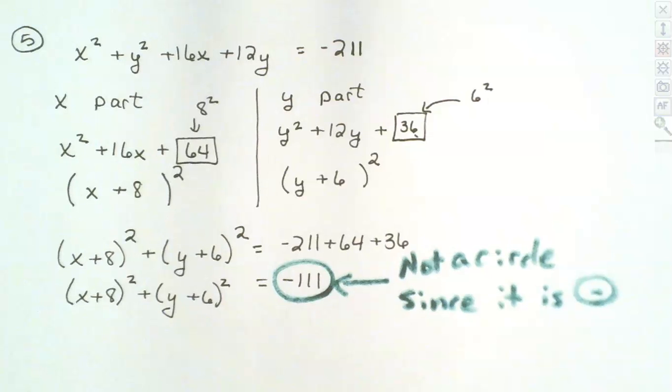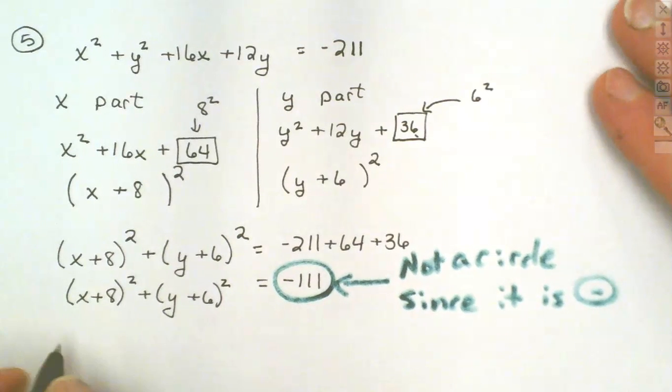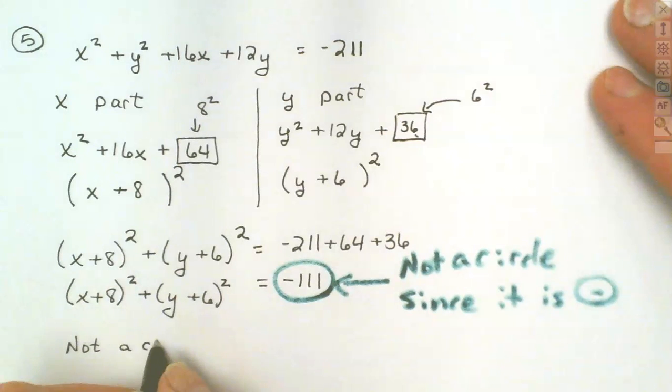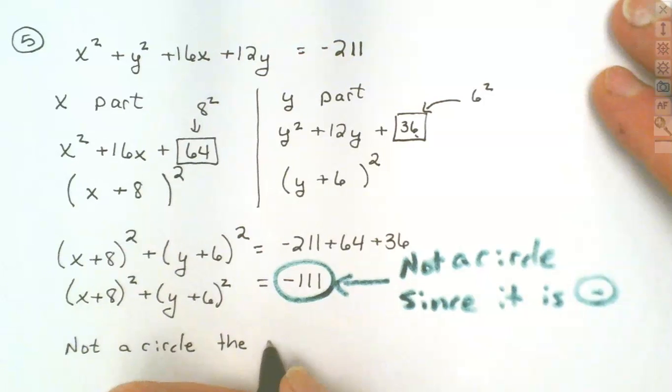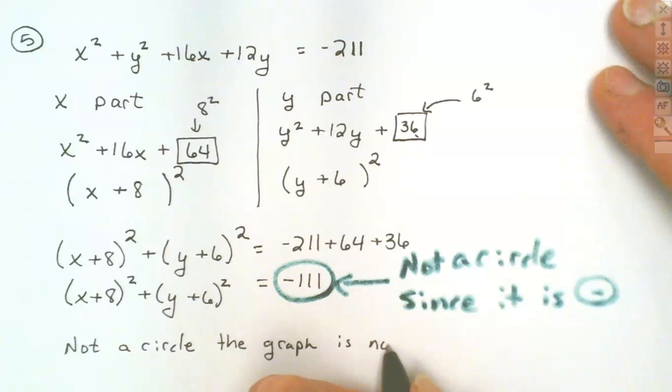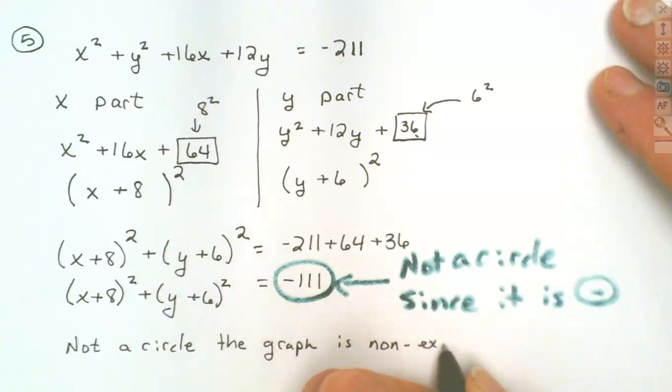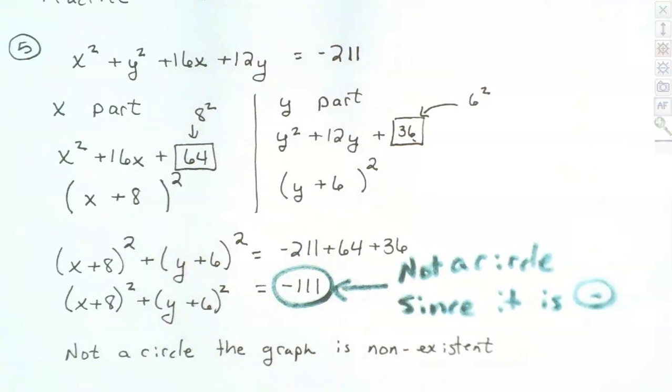So this is not a circle, and the graph is non-existent. So that's what I'd be wanting for the answer there. So it's not a circle, and that graph is non-existent.